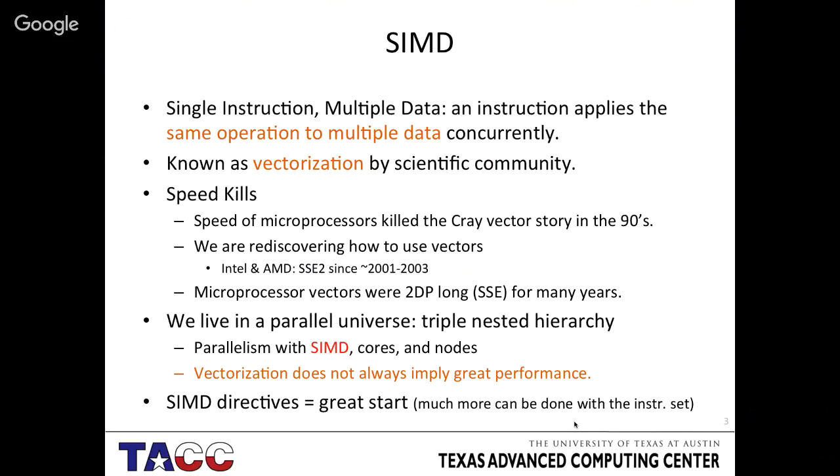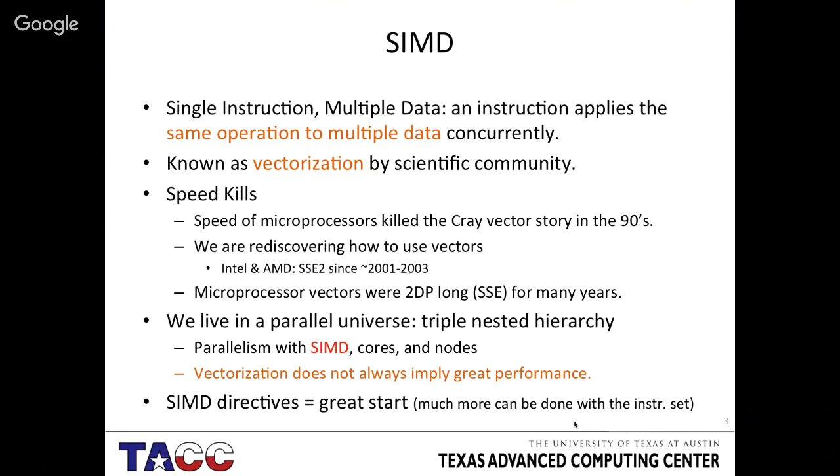Then in the 90s, the killer micros came along, and they had processor speeds that were so fast that they just had a unit working on single instructions, not multiple data. And then around 2003, microprocessors went through a transition where they thought, this is a good idea to have vectorization or SIMD instructions to get more performance out of these processing units.